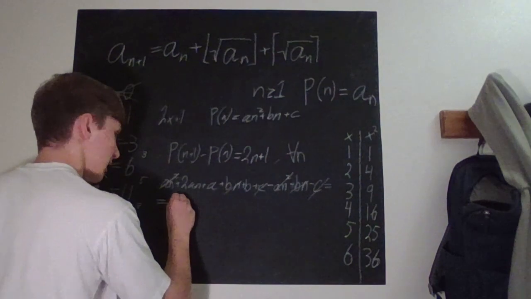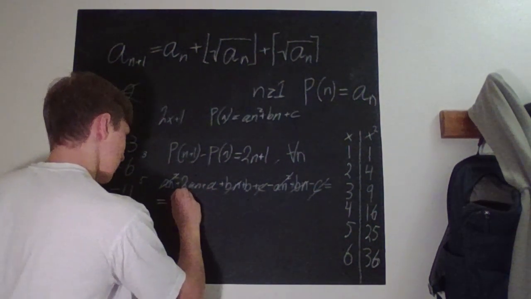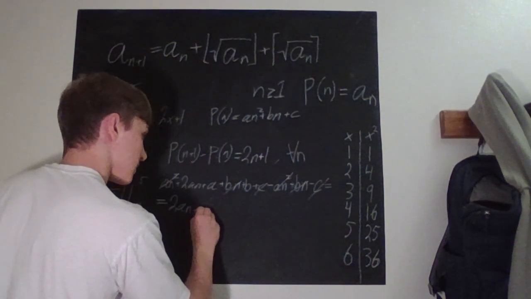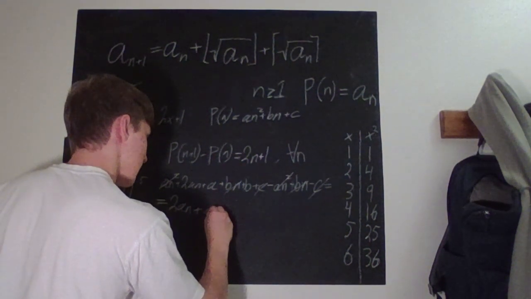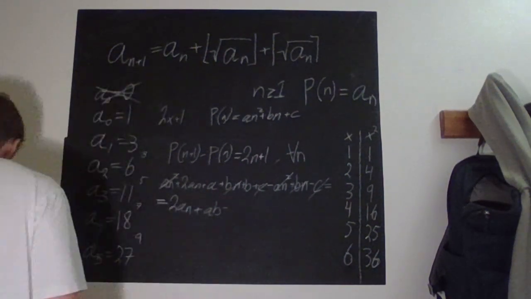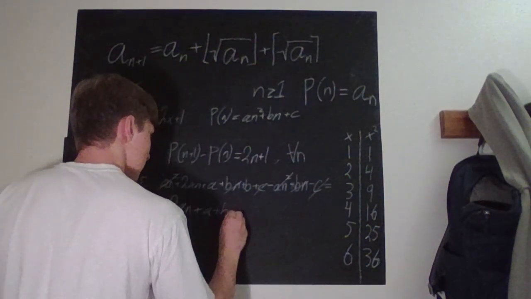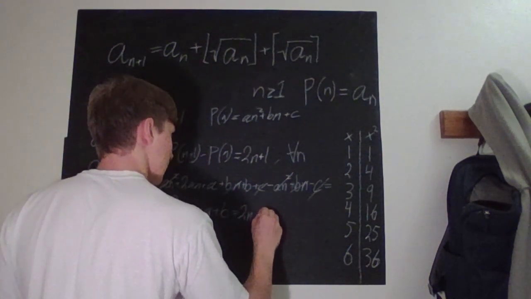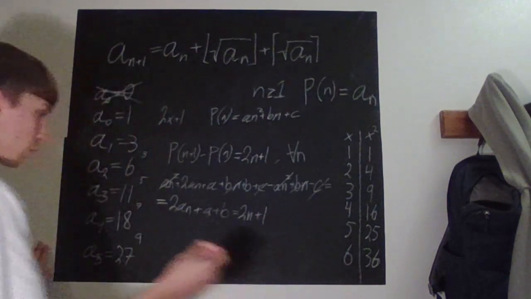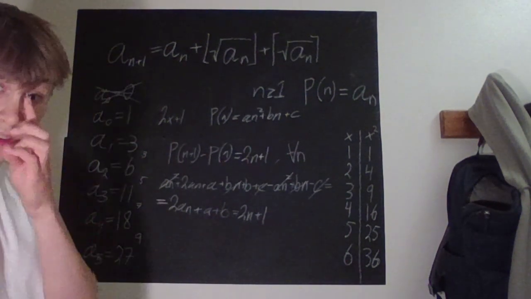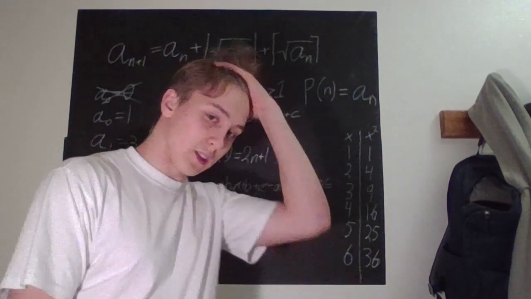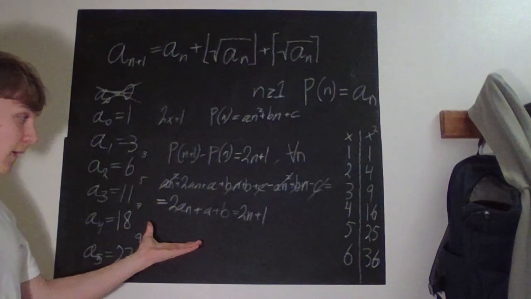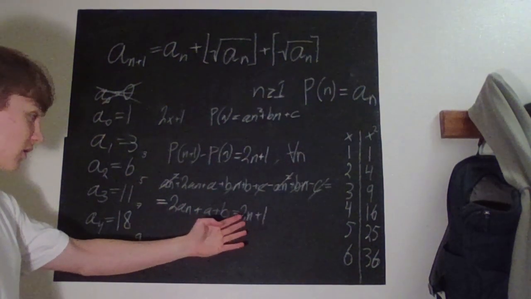So what we have left is 2an plus a plus b is supposed to be equal to 2n plus 1 for all n. And if this is supposed to be true for all n, this left-hand side should be just this expression.